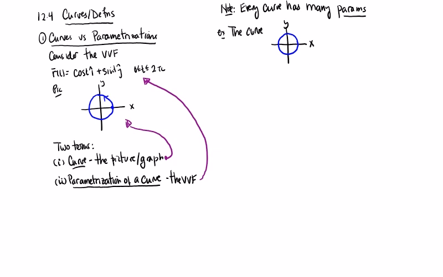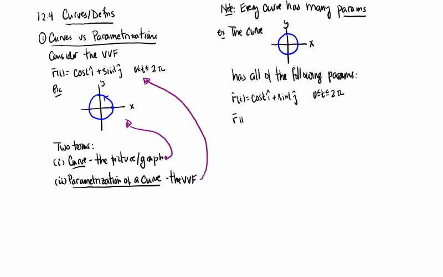This, let's say, has all of the following parameterizations. So we could do r of t, the first one we gave, right? This cosine t i plus sine t j for t between 0 and 2 pi.